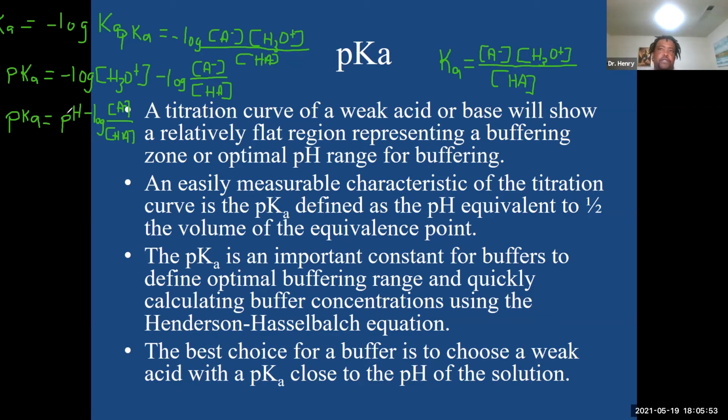Okay, so if I wanted to solve for pH, I can just say pH is going to equal pKa plus the log of the concentration of the conjugate base over the acid.